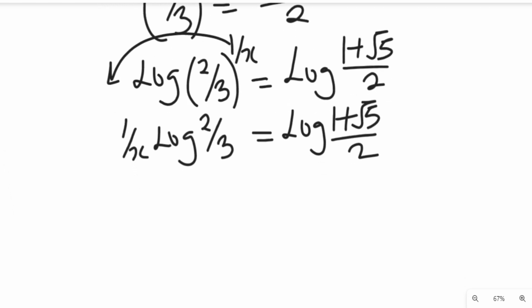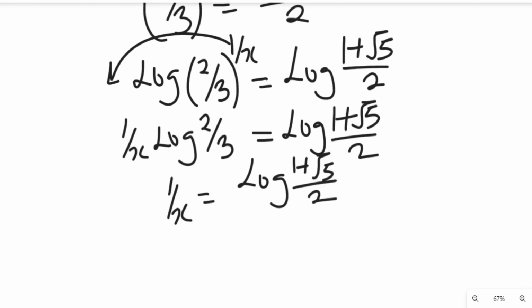So this will give us, if we divide both sides by log of 2 divided by 3, 1 divided by x equal to log of 1 plus root 5 divided by 2, all divided by log of 2 divided by 3.